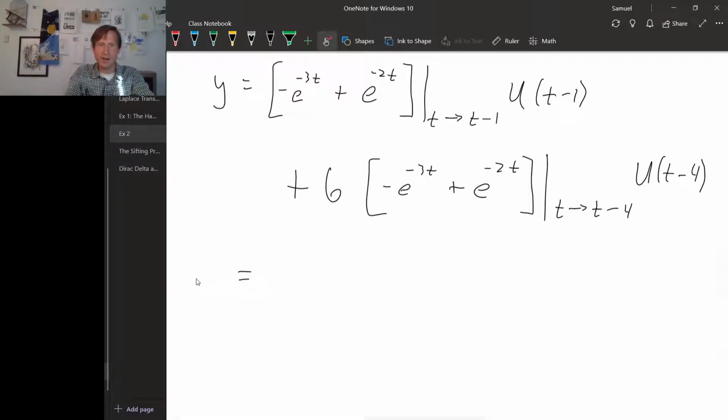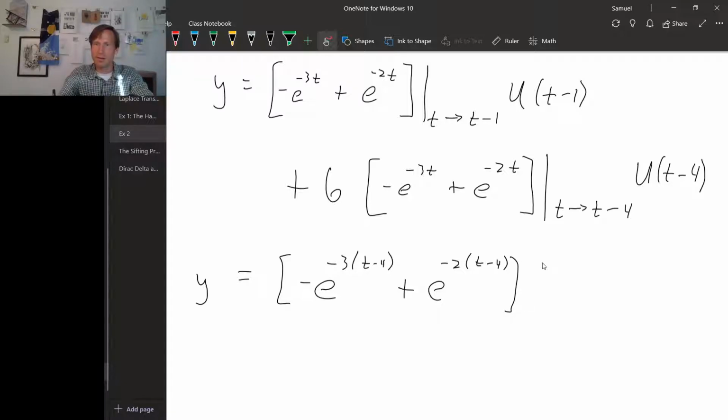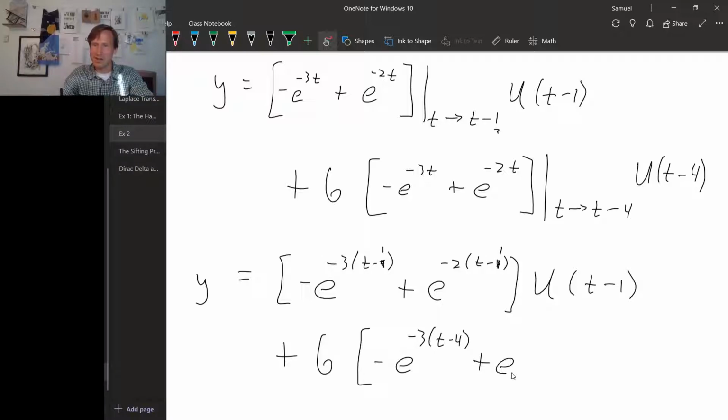Okay, and so finally our solution is minus e to the minus 3 times (t minus 1) plus e to the minus 2 times (t minus 1), I'm sorry, this should be 1, not 4, all times u of t minus 1, plus 6 times minus e to the minus 3 times (t minus 4), that's the one that's minus 4, plus e to the minus 2 times (t minus 4), times u of t minus 4.